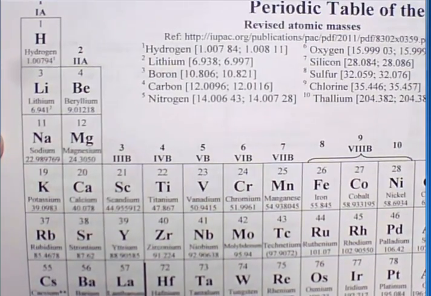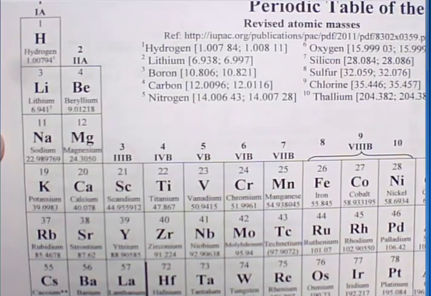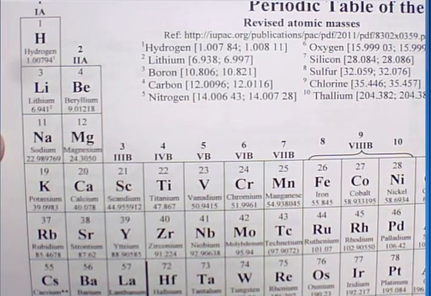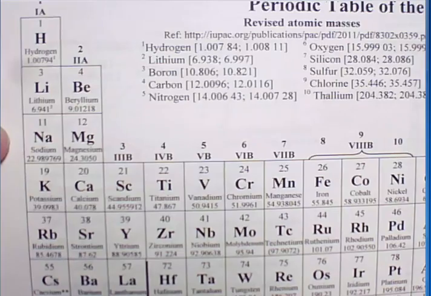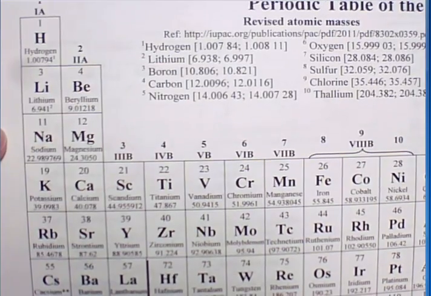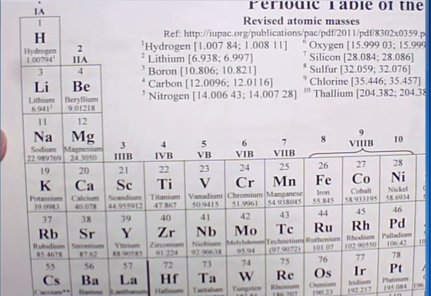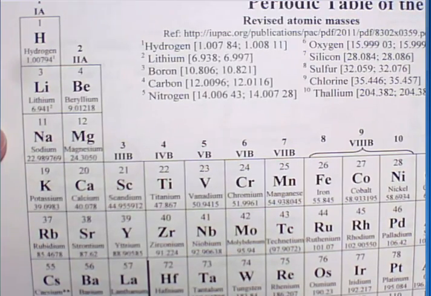Now you have to remember, when I say lost electrons, we're talking about from the atom. Okay? If you need to write that down to remember that, write that down too. So they've lost 1 or more electrons from the uncharged atom.